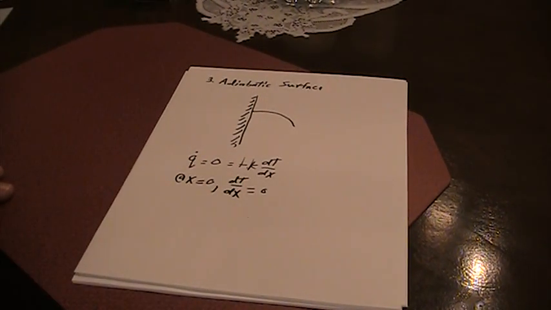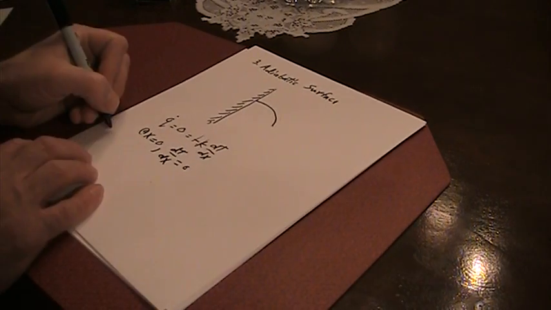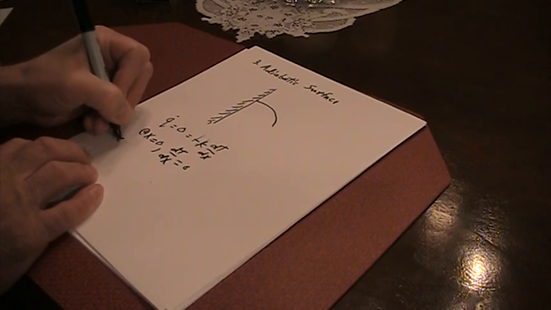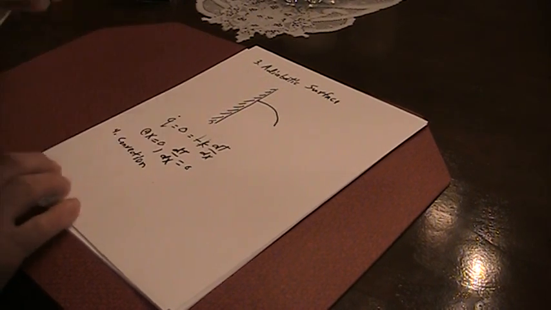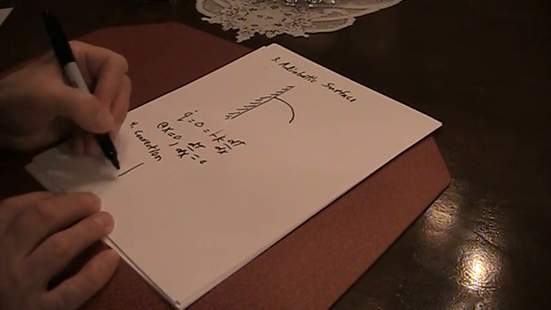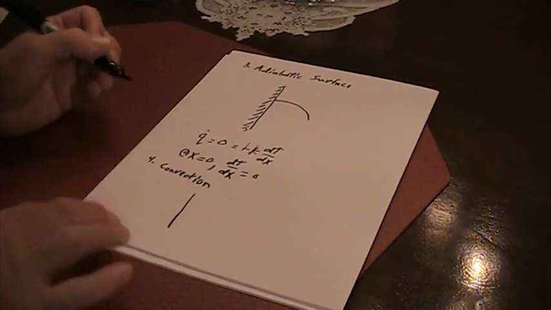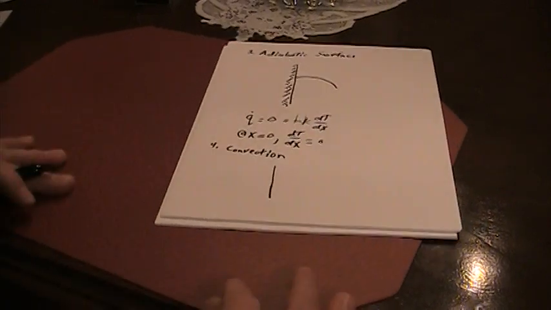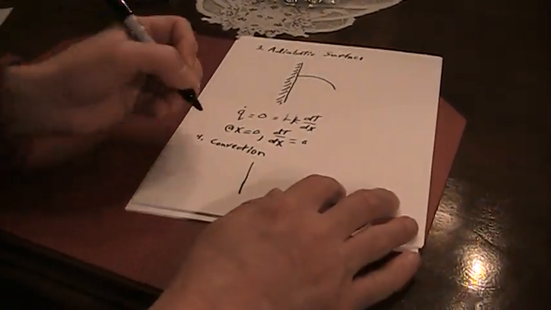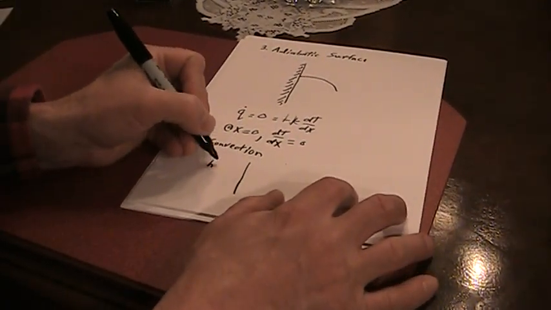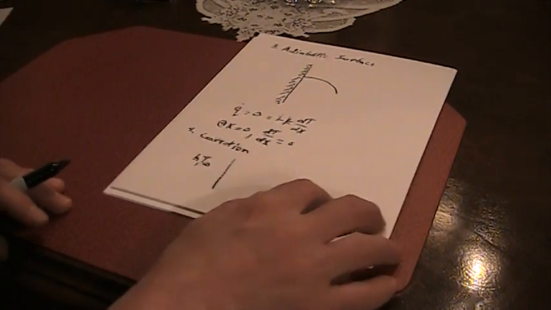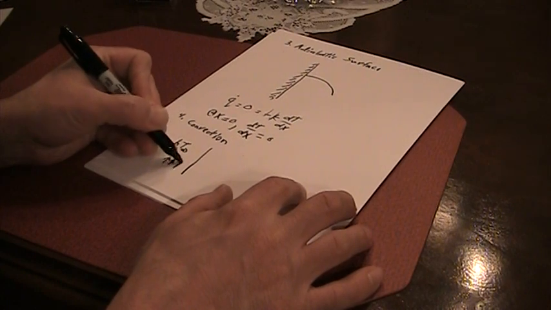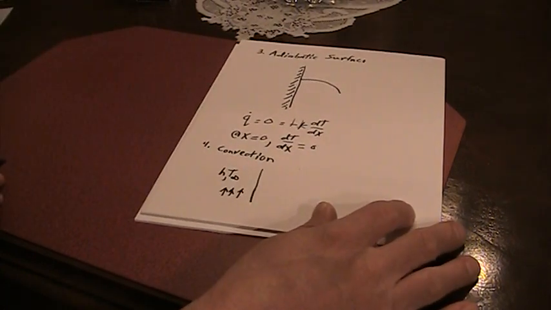And then a fourth condition you might have would be convection at the surface. Okay? So here, this is our surface. So here what we would know is H and T infinity. You might have some air going over the top of it or something.